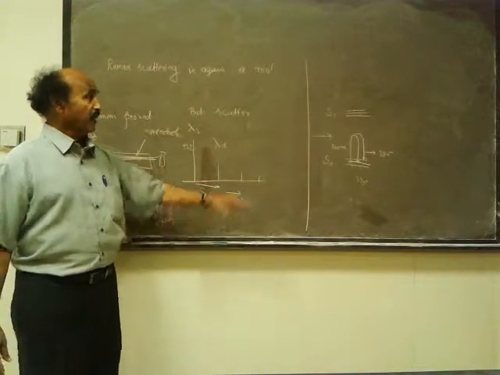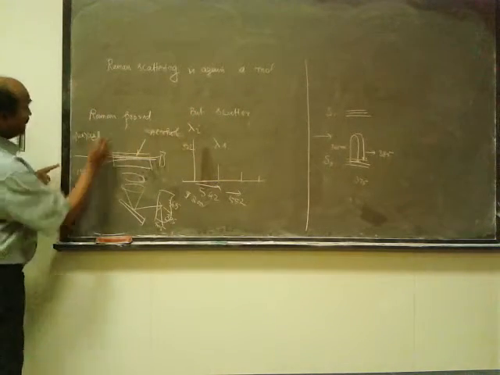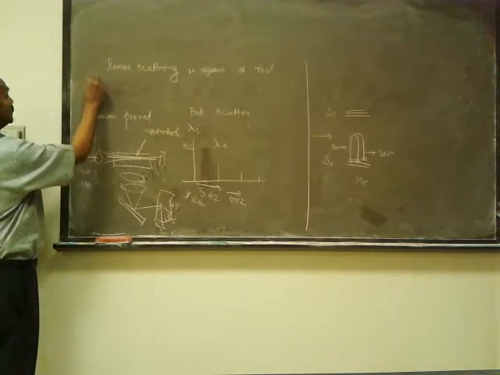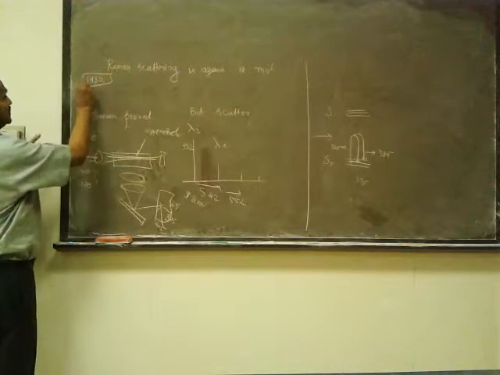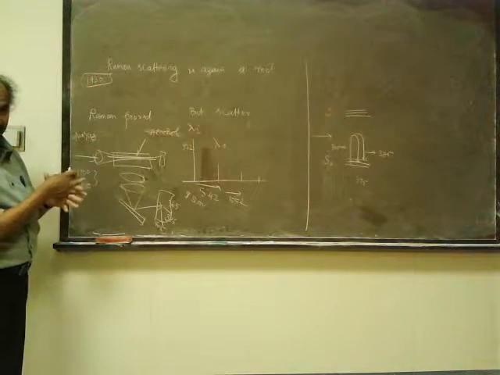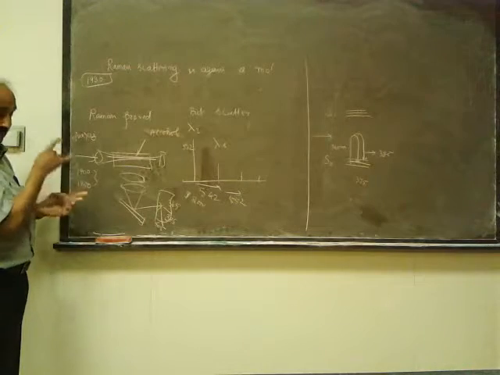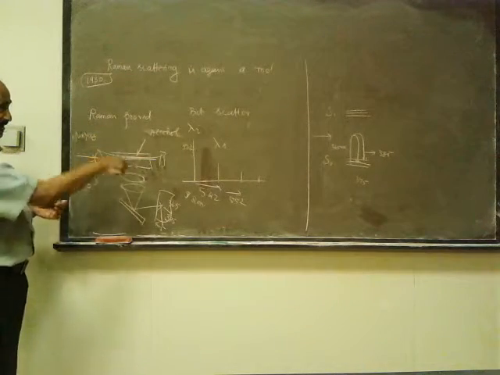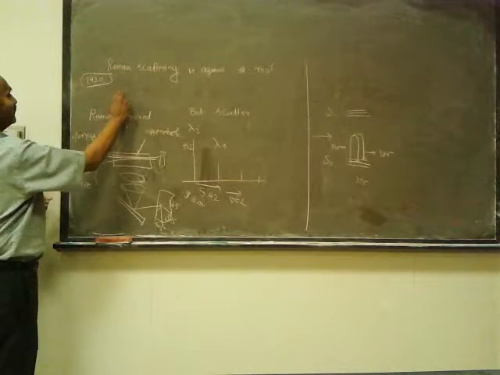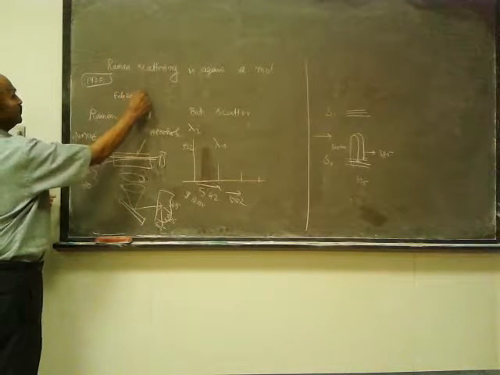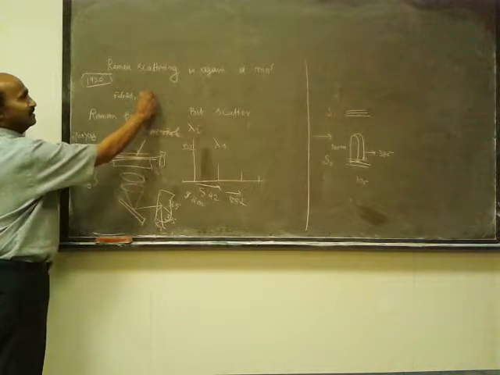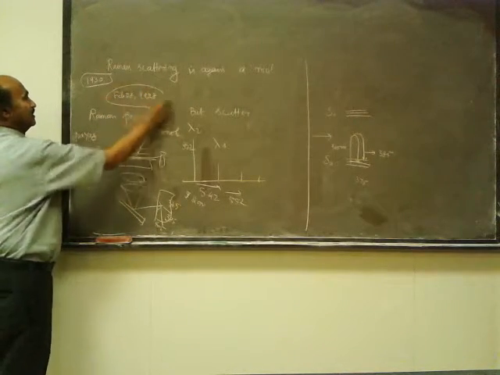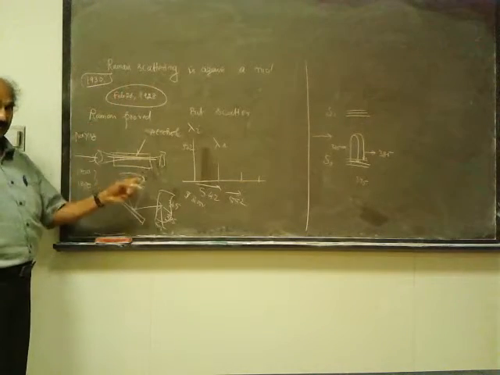Now look at it. Just look at this history. This was 1930. He got the Nobel Prize. In fact, yesterday was the day when he discovered this. This is called February 28, 1928. That's the time when he discovered this one.